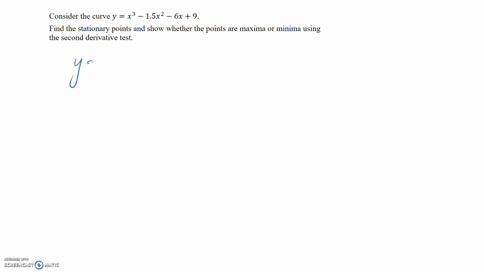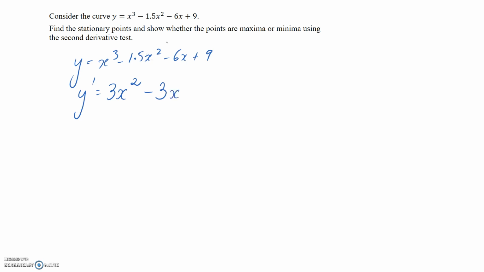So let's write out our equation. And the first derivative. So this is an easy one, it's just polynomials. So 3 times the 1 out the front leaves us with 3. And taking 1 off the power, that's going to go to 2. We've got 2 times negative 1.5, which is negative 3.